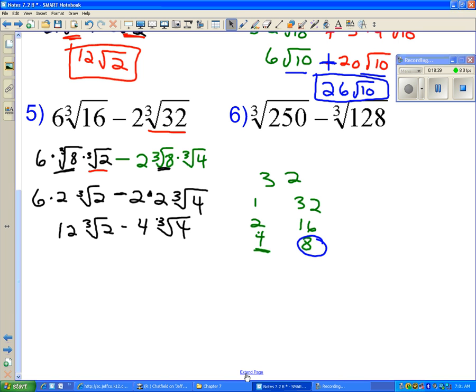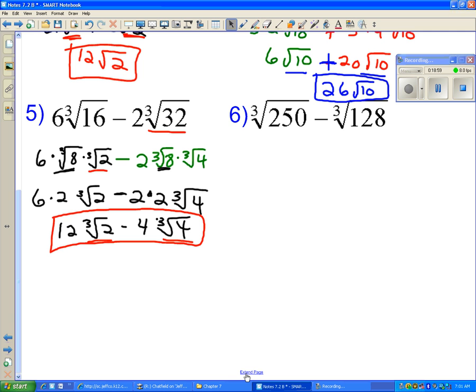My roots don't match. This is a cube root of 2. This is a cube root of 4. I can't combine those. This is my final answer. It's totally simplified. As much as I can do, my roots are not the same, so I cannot add them. I'm done.